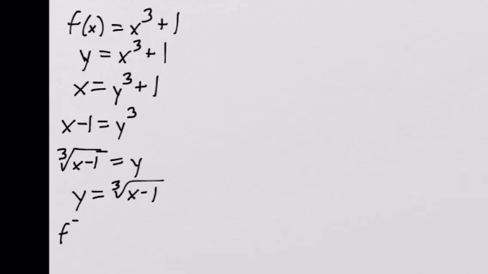And now, the last thing I'm going to do is to indicate that it is the inverse of f. I'm going to use this notation of f to the minus 1. Now be careful, that does not mean 1 over f. It's just notation that we use for the inverse of a function.